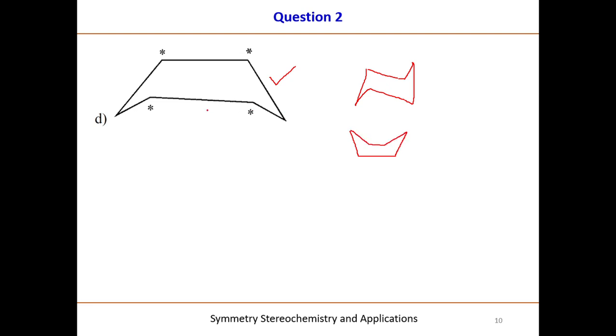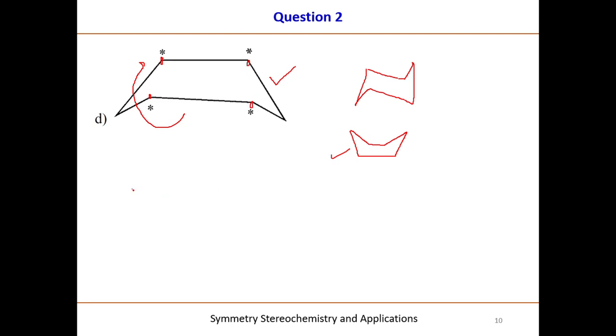Boat one. If you rotate this way, you will get this one only. So in boat conformation, we are taking 4 carbons for eclipse for drawing the Newman projection. So you have to imagine this carbon in one plane, and this carbon in one plane.